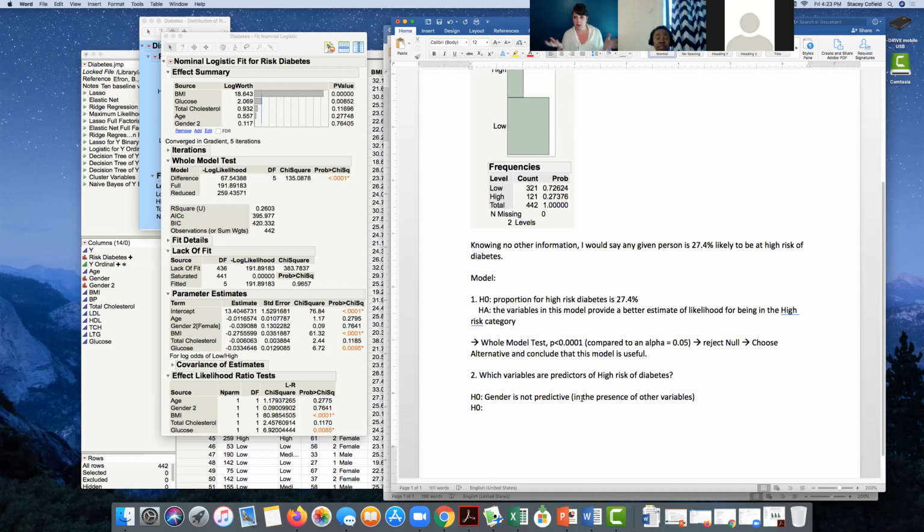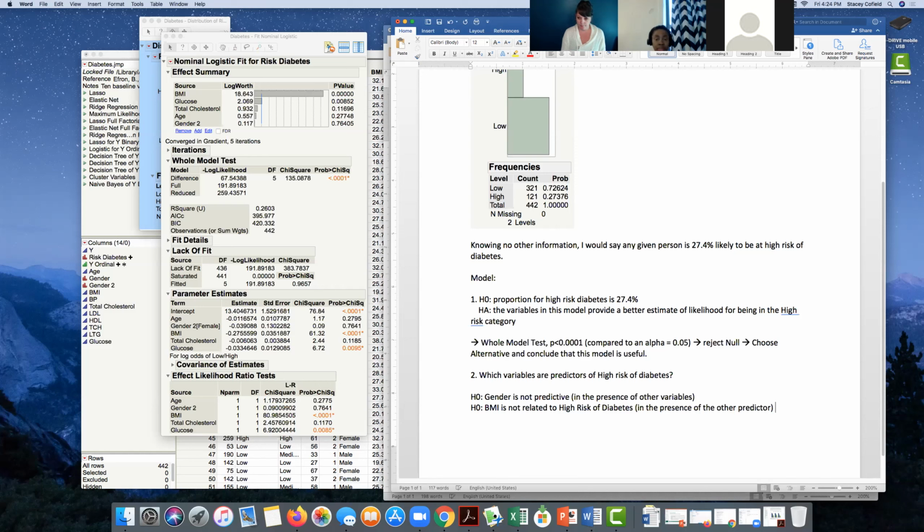We already know gender is not predictive on its own. We already saw that. So then we've got BMI is not related to high risk for diabetes, and then again, in the presence of the other predictors.